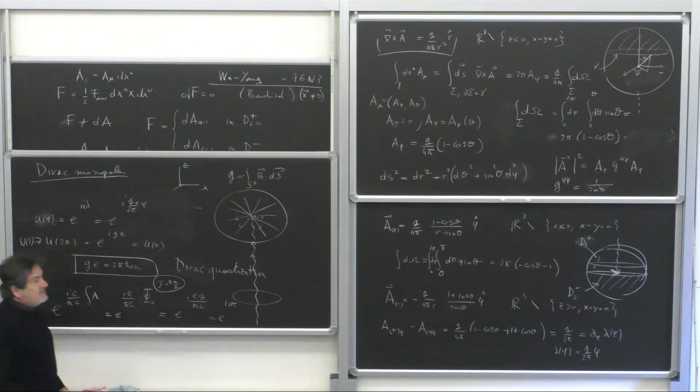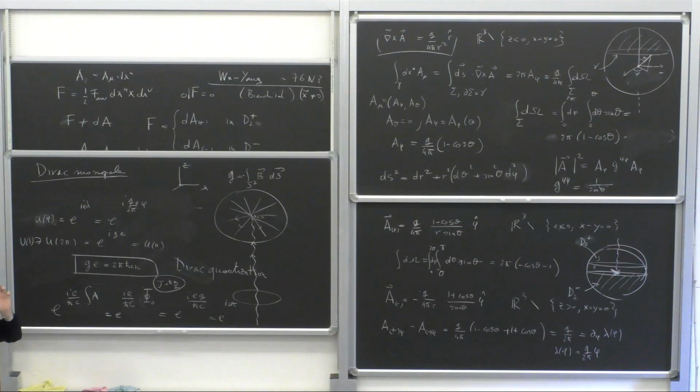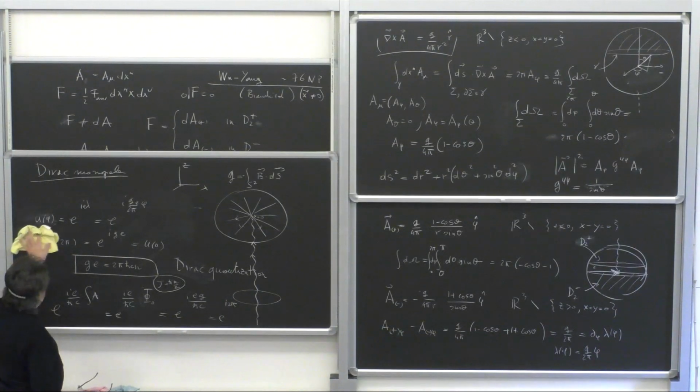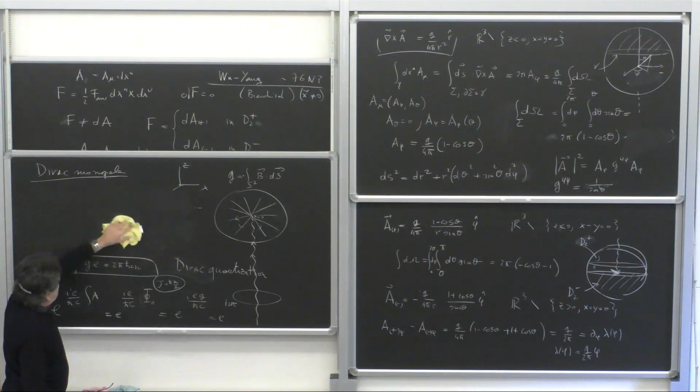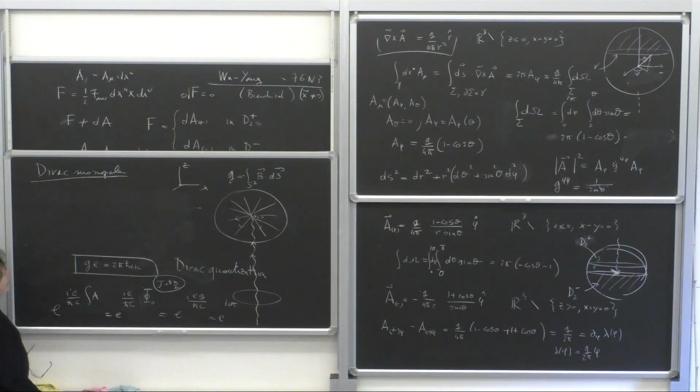Maybe it exists in some cosmological model somewhere, but there is a very nice thing that Dirac noticed, that if the monopole exists and has some charge G0, then this implies that the charge is quantized. Okay? Charge quantization.